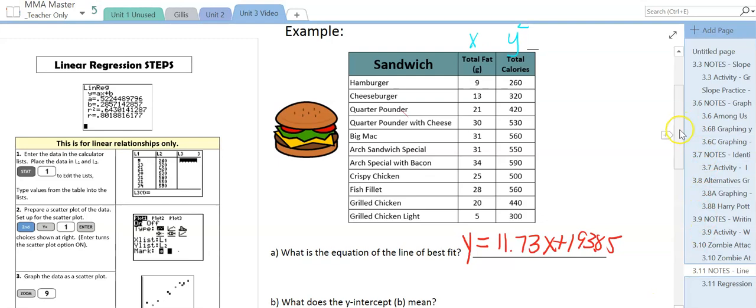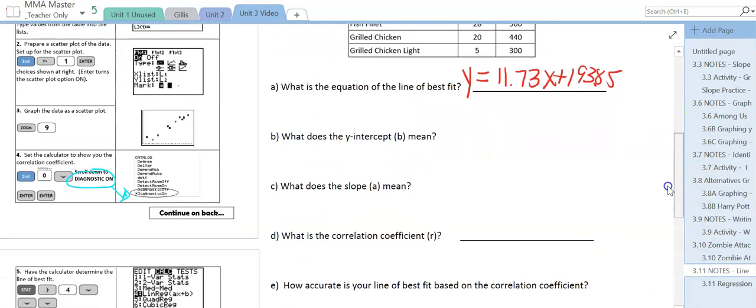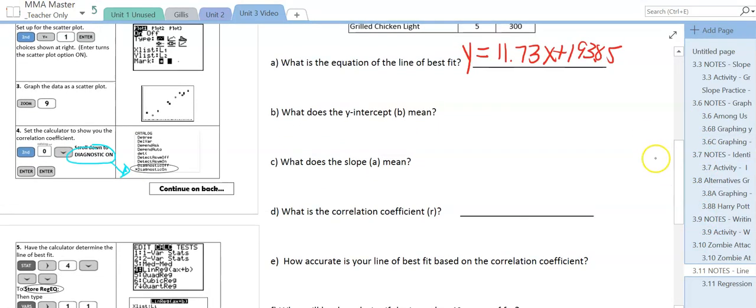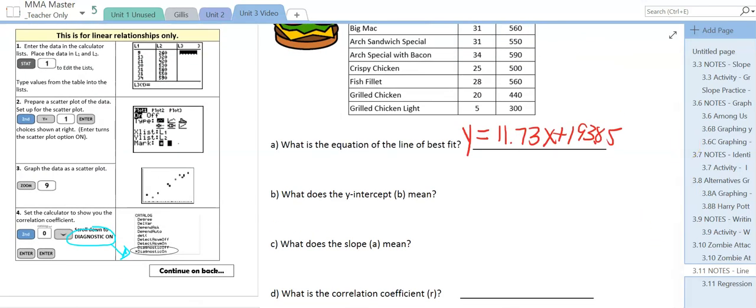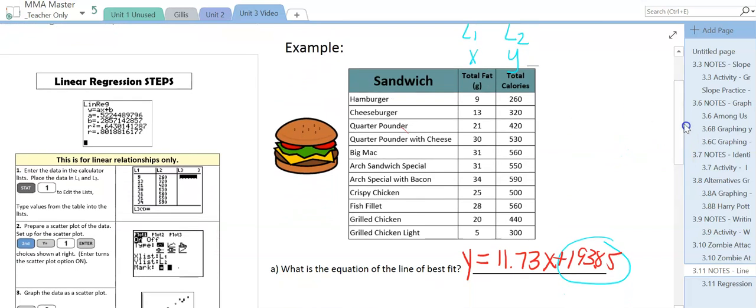The next thing asks, what does the y-intercept or the b mean in this equation? All right, so then we're getting on to a little bit of interpretation of it. So what does that b value mean? Let's look again at what we're talking about. We're talking about total fat and calories, and we're talking about where it crosses the y-axis. And what happens to be there is that's where x is 0.